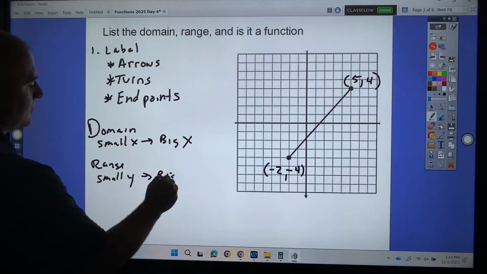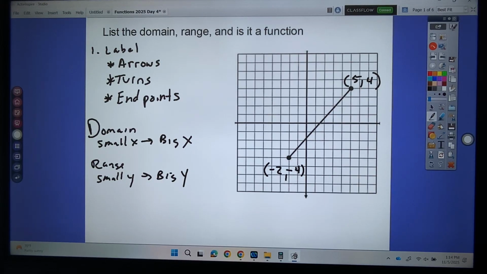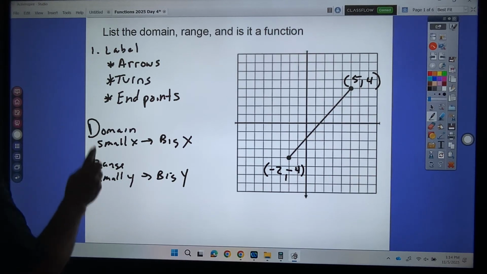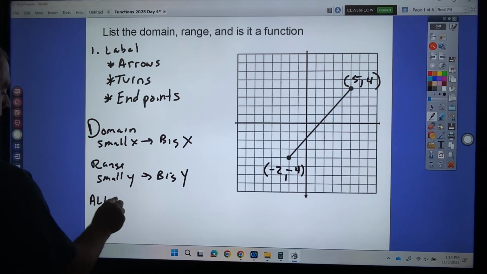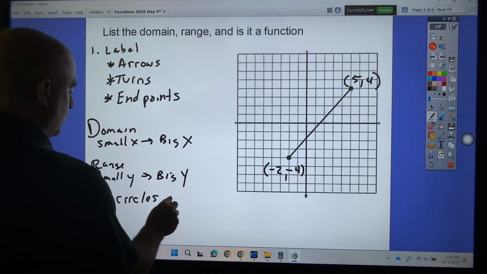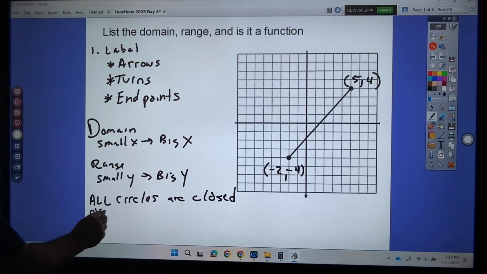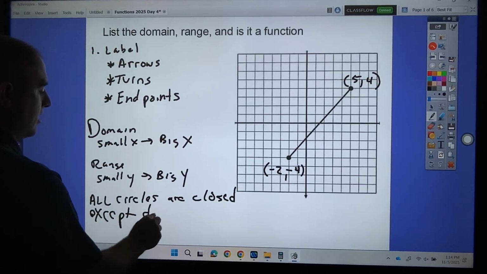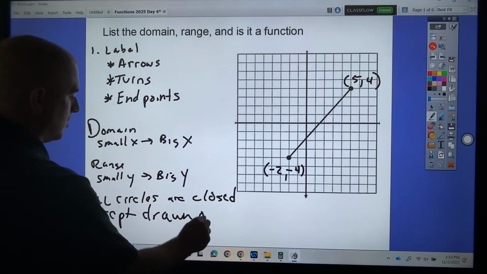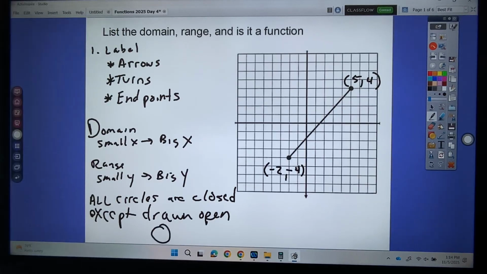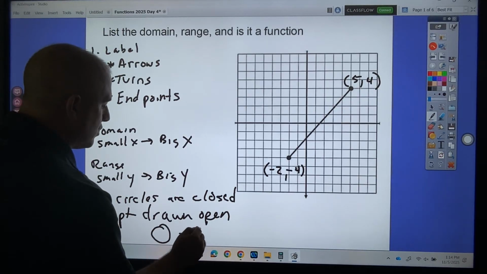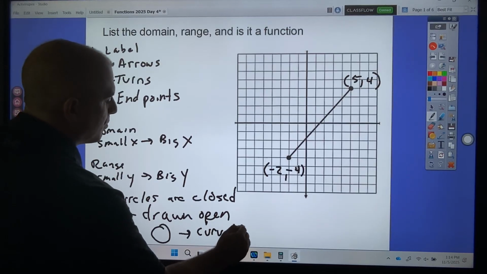All right. Now, here's something that you need to understand. All circles are closed, except if they are drawn open, which means you see a big open circle. If that's the case, you use curved brackets.